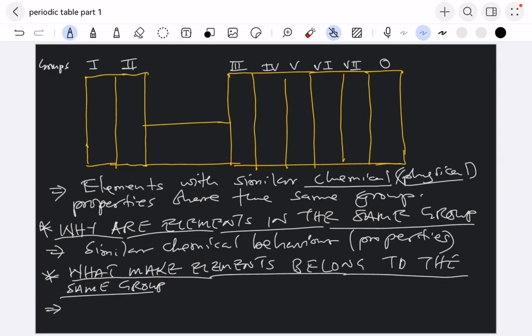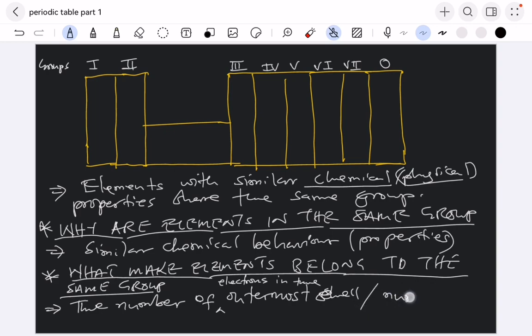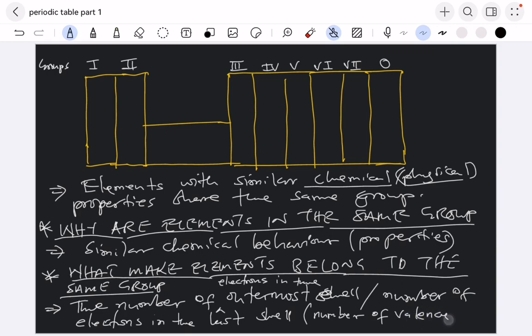So in this case, we say the number of electrons in the outermost shell, or the number of electrons in the last shell, or you can say the number of valence electrons.